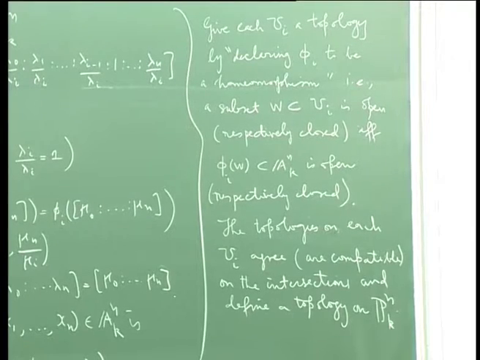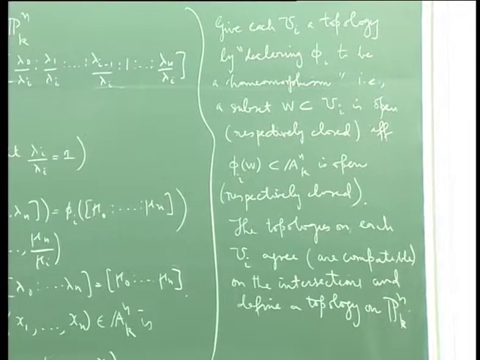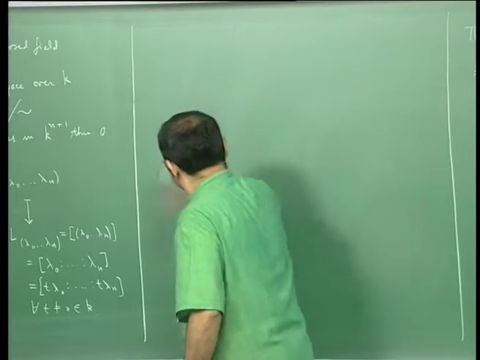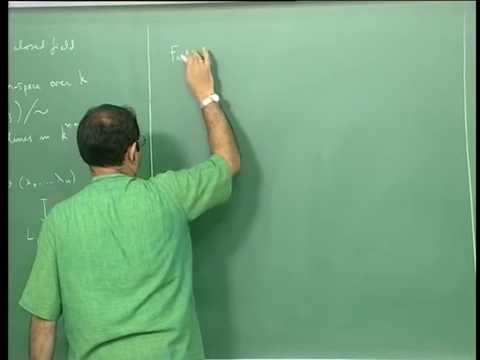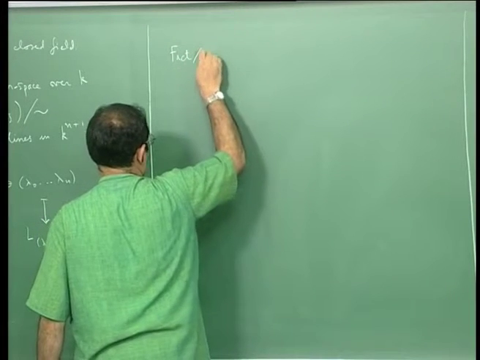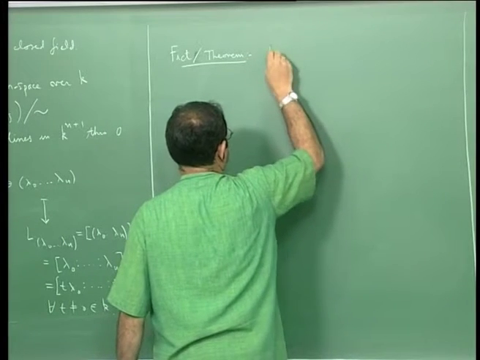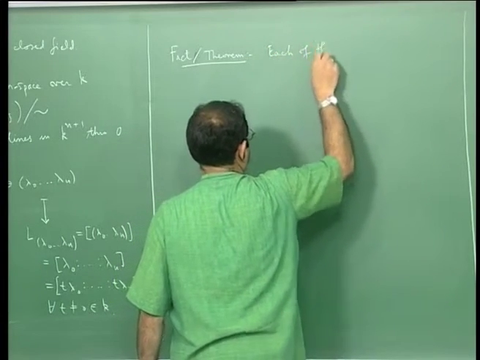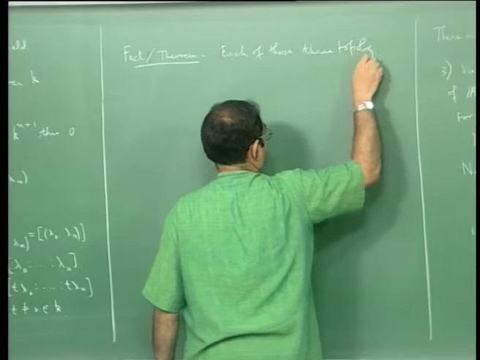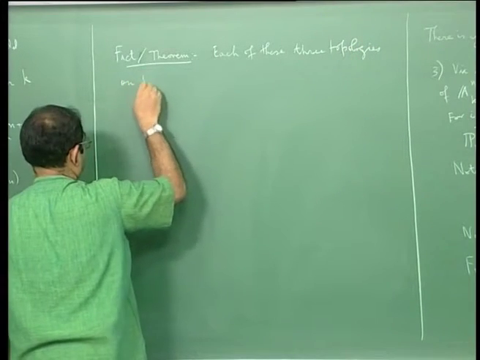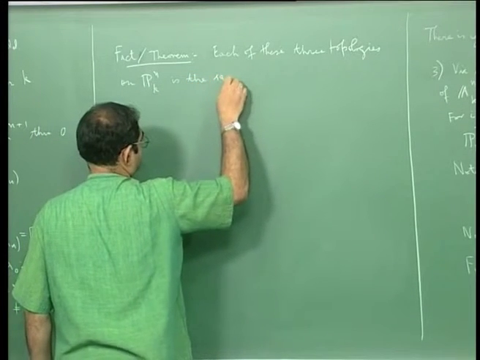Fact. So here is a fact, it needs a little bit of checking, that it's pretty easy to do, you can try it out. Fact, or theorem if you want: each of these 3 topologies on Pn is the same as the others.